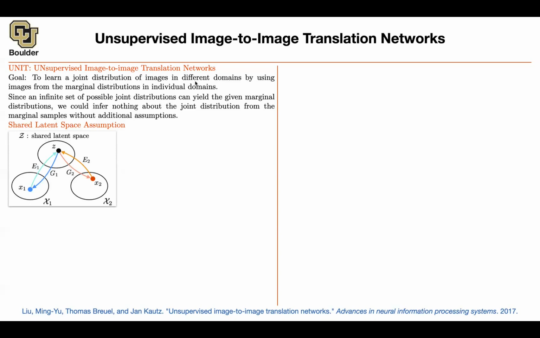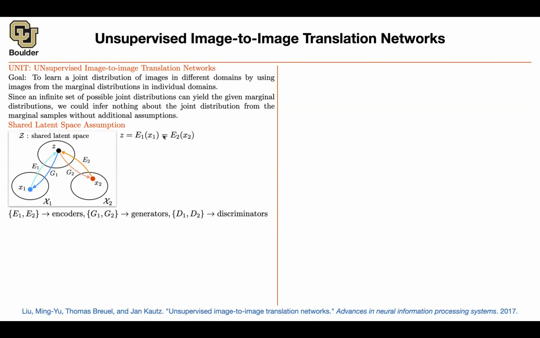And the entire framework that we're going to have in front of us is trying to train G1 and G2. To train that, you're going to have some encoders, encoder 1 and encoder 2, and then you're going to need some discriminators. You're going to assume that Z is given by X1 and X2 when they are pushed through your encoders.